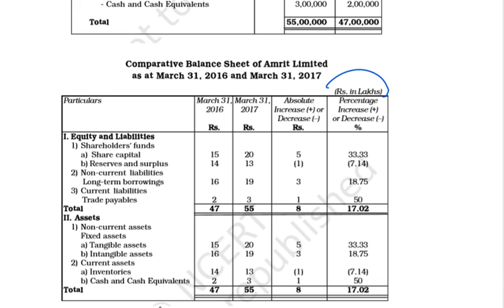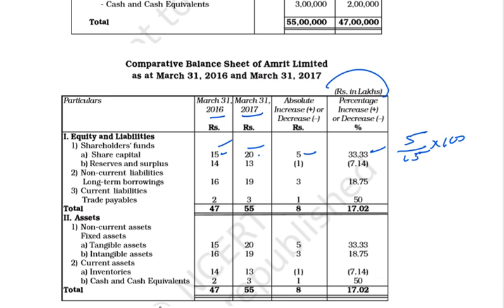So here share capital, the previous year here and the current year here. You write this previous year, current year as it is, and then this current year minus this previous year. You are getting 5 here. So we can convert, divided by 5 minus 15 into 100. So like that you can calculate and you can write here.